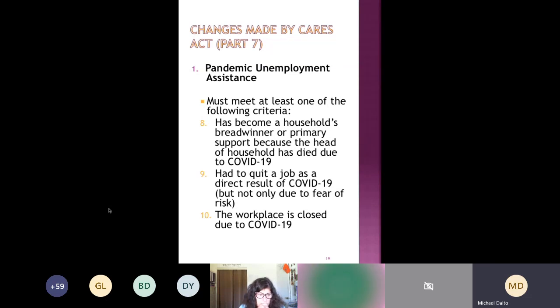However, there are some states that entered into agreements very quickly, and people can get pandemic unemployment assistance retroactive to around March 29th. So yes, a person can file now, and once they're approved, it can be retroactive to most likely the tail end of March or early April, depending on when their state entered into the agreement. So that's another nice thing about the law.